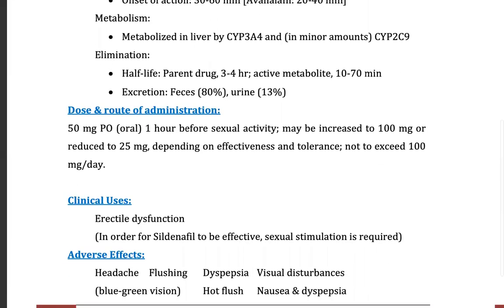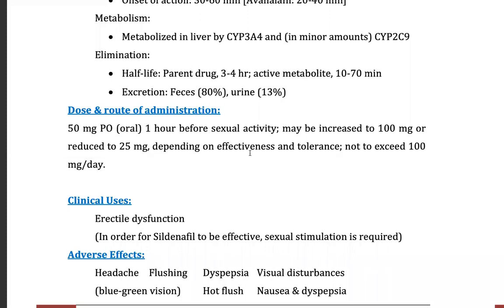What is the dose and route of administration? Generally, 50 milligrams is the normal dose for a normal adult, 50 milligrams by oral route. It should be taken by the oral route 1 hour before sexual activity, and the dose may be increased to 100 milligrams or reduced to 25 milligrams depending on effectiveness and tolerance.